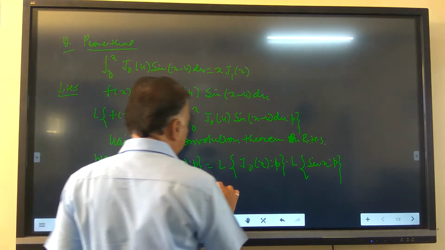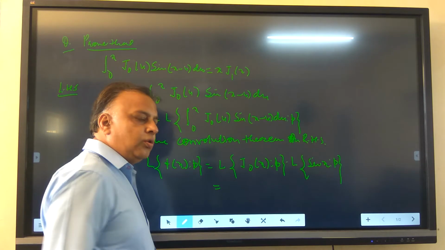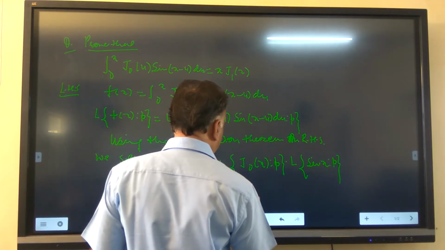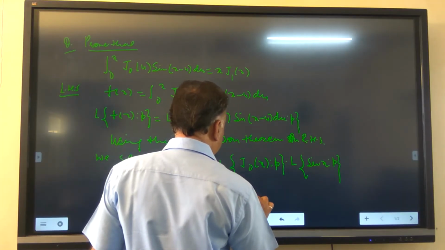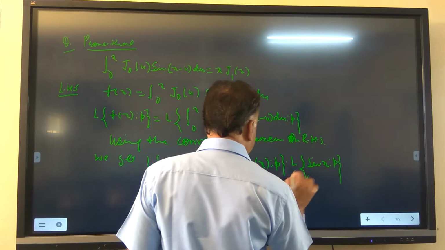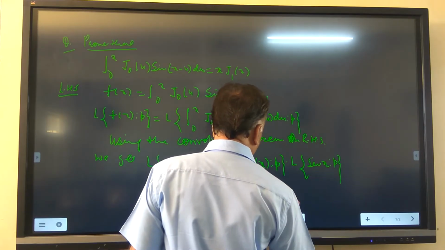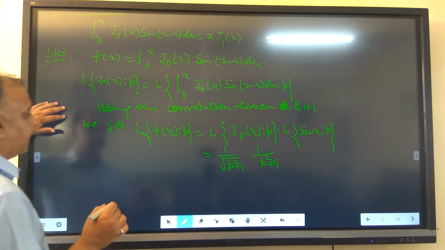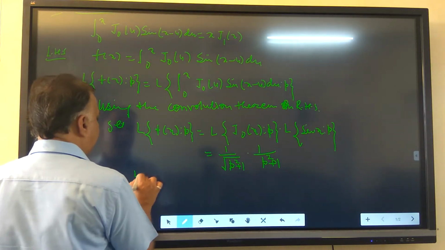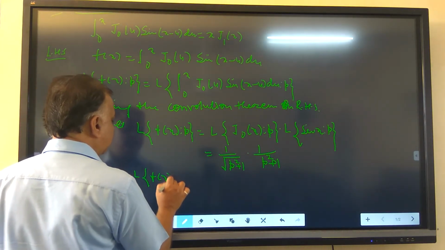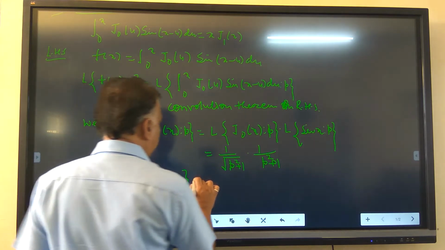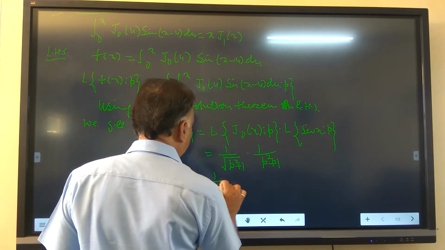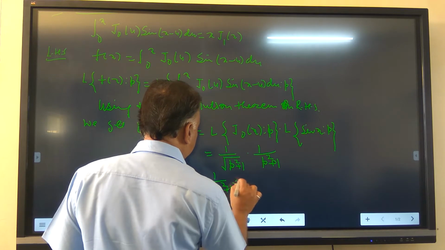We know that the Laplace transformation of J0(x) is 1 upon under root p square plus 1, and the Laplace transformation of sin x is 1 upon p square plus 1. So the Laplace transformation of f(x) with respect to p is 1 upon p square plus 1 all raised to 3 by 2.